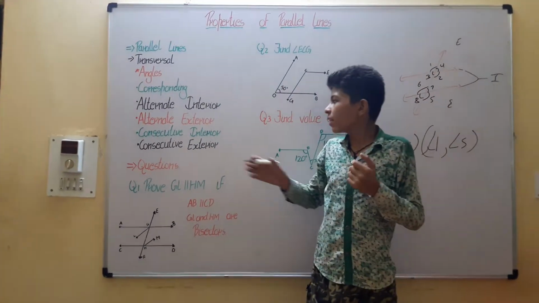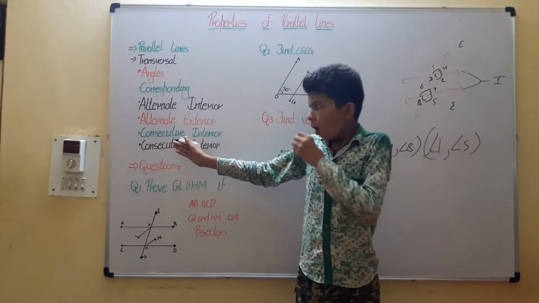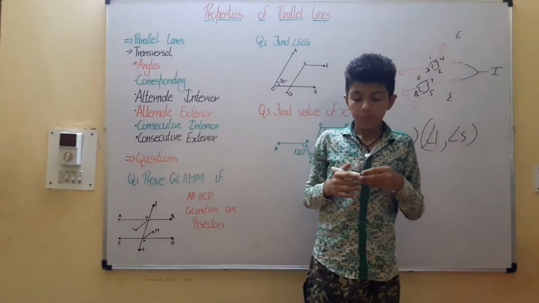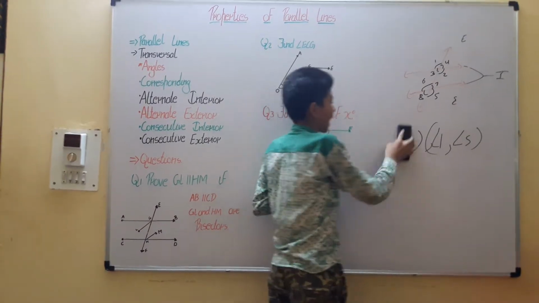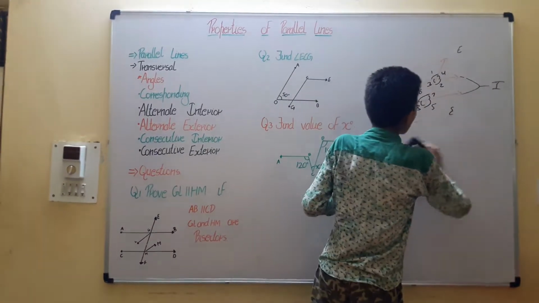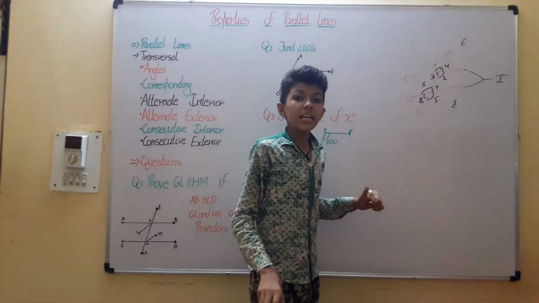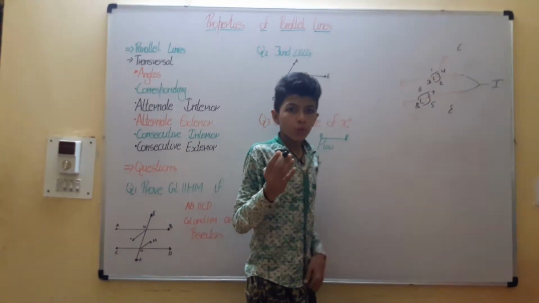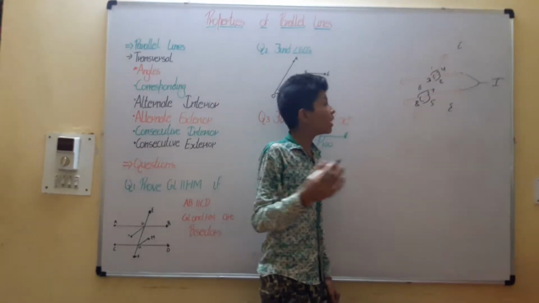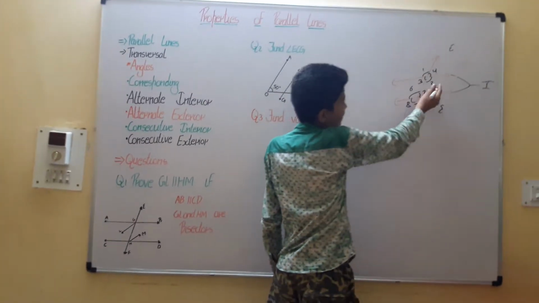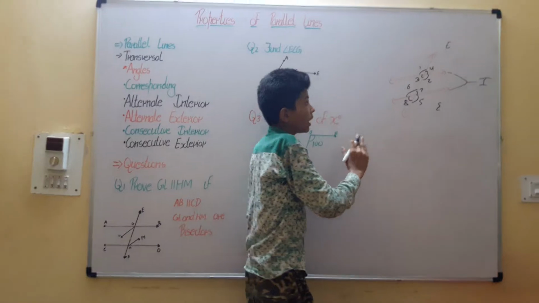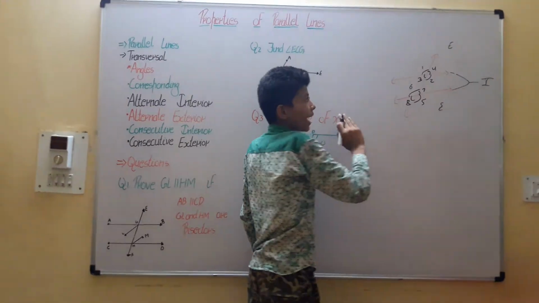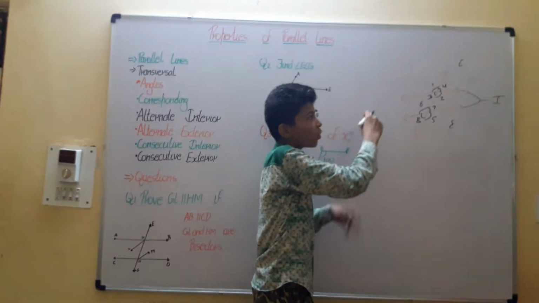And then we have the consecutive interior angles. Consecutive interior angles means angles whose sum is 180 degrees. To have this property, they should lie on the same side of the transversal, either on this side or on this side, and interior, which means between both these lines.